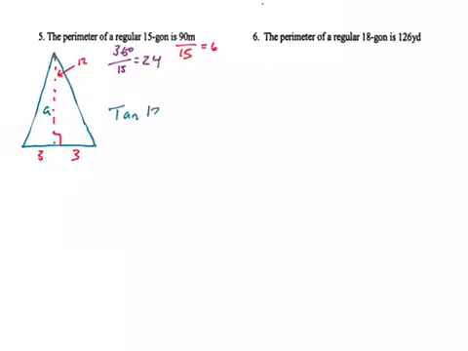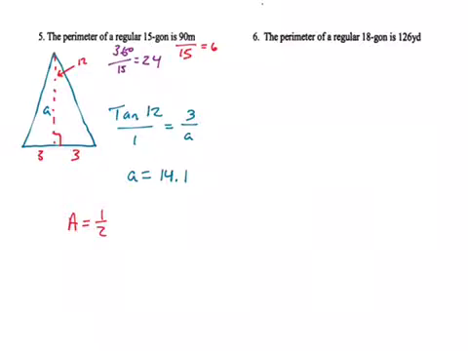So this will be tangent of 12 over 1 equals 3 over a. We'll go ahead and cross multiply and then divide, at which point we should get our apothem to be equal to 14.1.